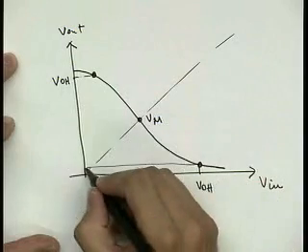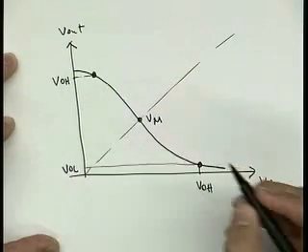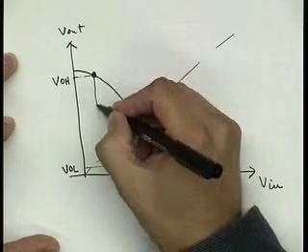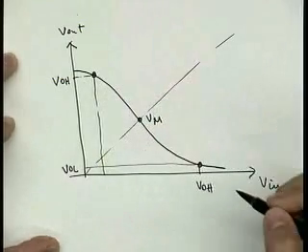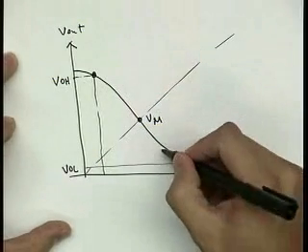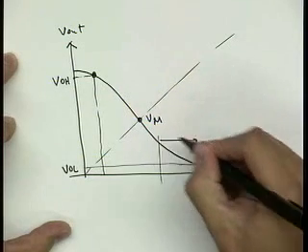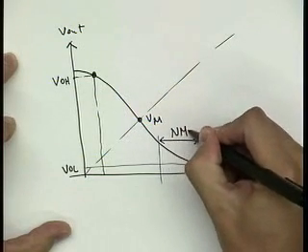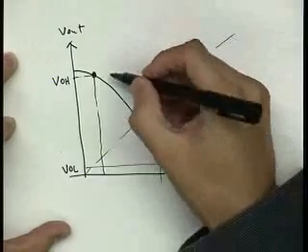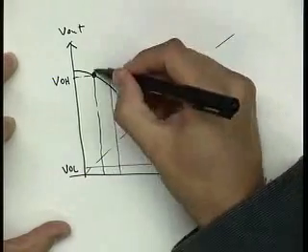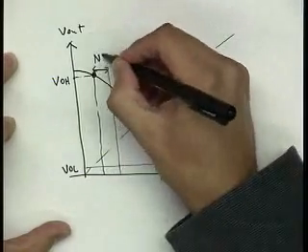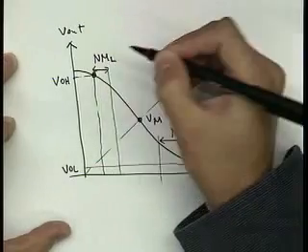So I'd rather put this one at VOL. And if this is the noise margin for the high, logic 1, and the noise margin for logic 0.